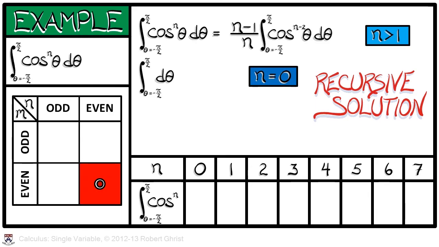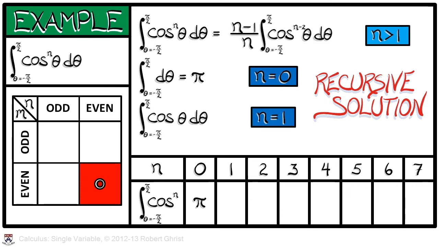The integral of d theta is theta, evaluated from negative pi over 2 to pi over 2 gives pi. Likewise, we can do n equals 1 explicitly, integrating cosine, getting sine, evaluating at the limits gives us the value of 2.